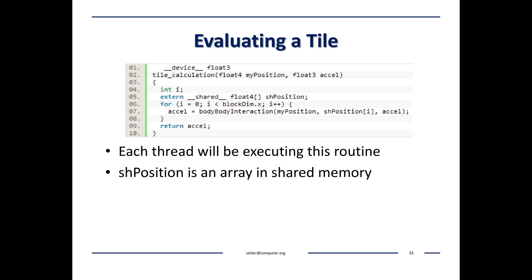And then for some number of iterations in your particular block, you're going to calculate the value from your current position against the data that's been staged in shared memory. And this position describes the particle that you're currently evaluating. And you do this multiple times because you're working across this grid with tiles. And then you are calculating acceleration and returning that as a float3.